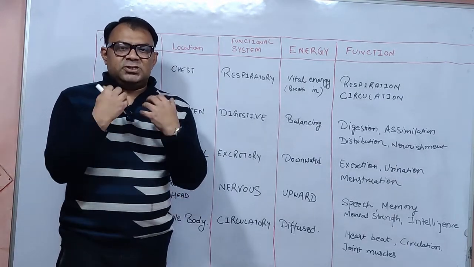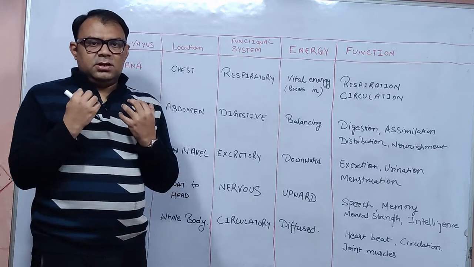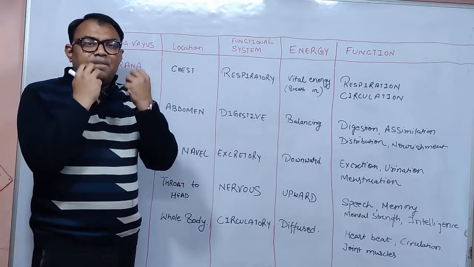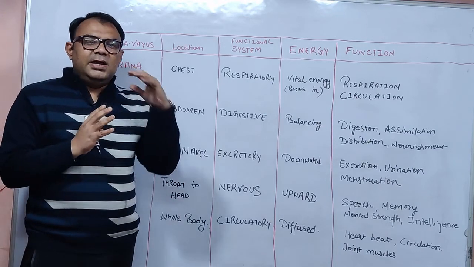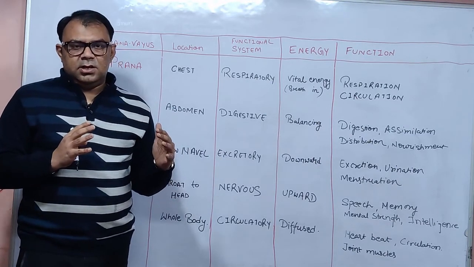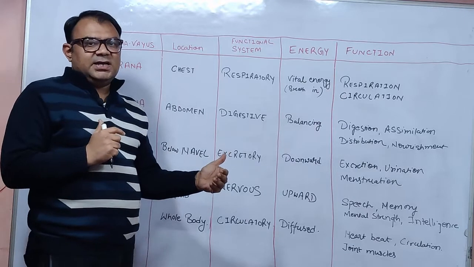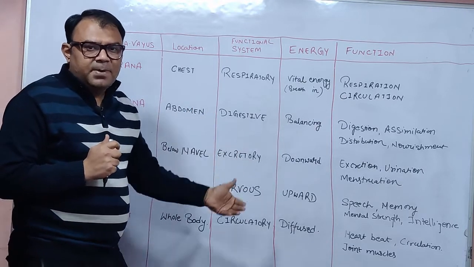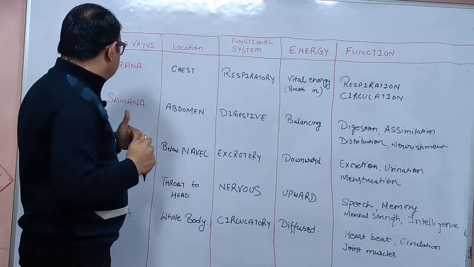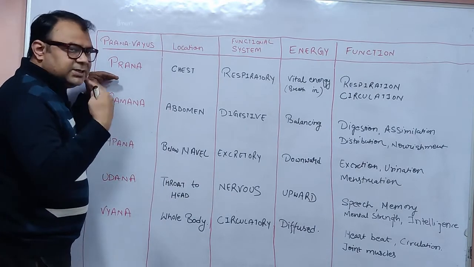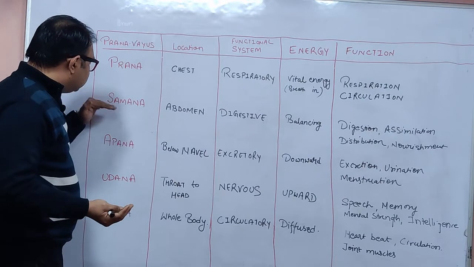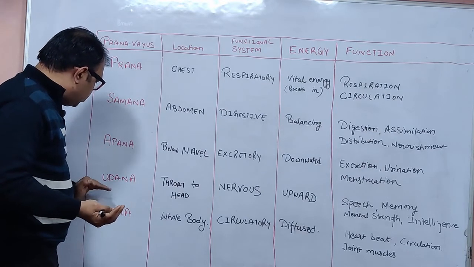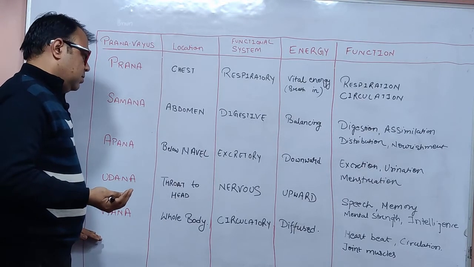In each and every breath we take, the breath is divided into 5 parts. As per the yogic texts, these 5 parts are the prana vayus, named Prana, Samana, Apana, Udana, Vyana.